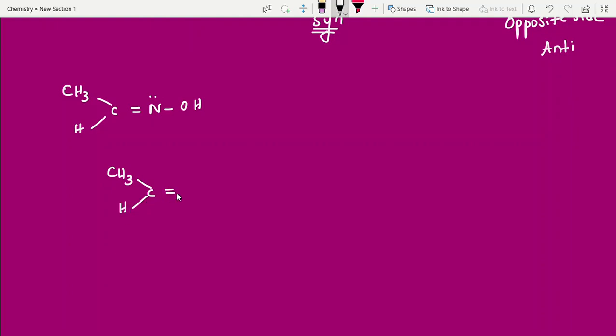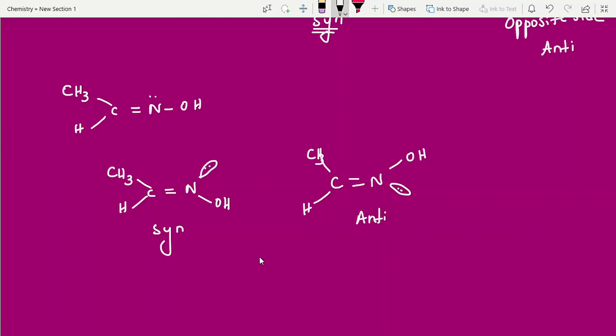Syn means H and OH on the same side. And opposite side, what we call it as anti, which is opposite H and OH. Remaining as it is you can write. This is CH3. This is what we call anti. Clear? That's it.